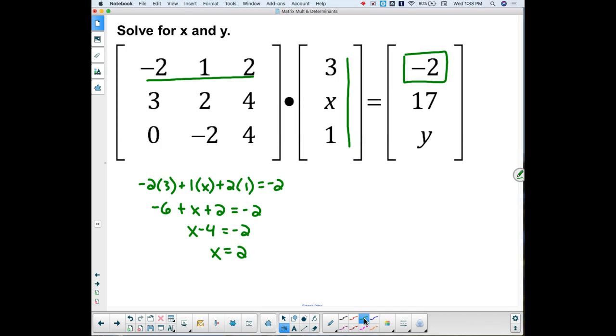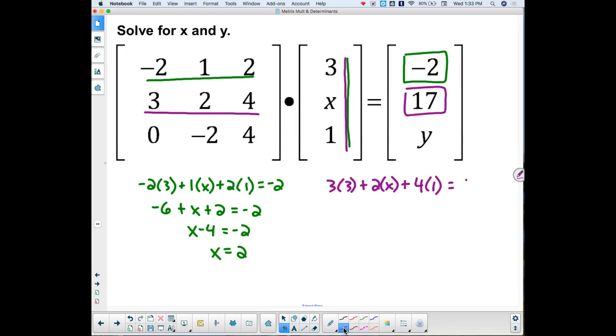If x is positive 2, then the second row times the first column should be 17. So that would be 3 times 3 plus 2 times x plus 4 times 1, and that's got to be 17.